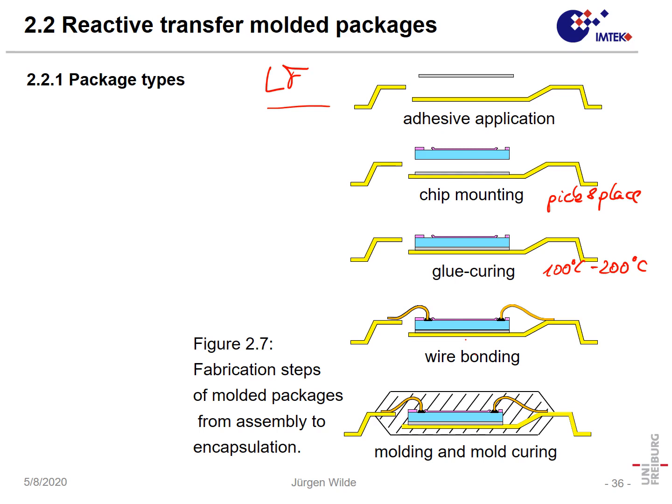What is always important is that the chip has a passivation. So the circuit is protected by this passivation, which can be an oxide or nitride, and only in places where we want to wire bond, we have a metallization.